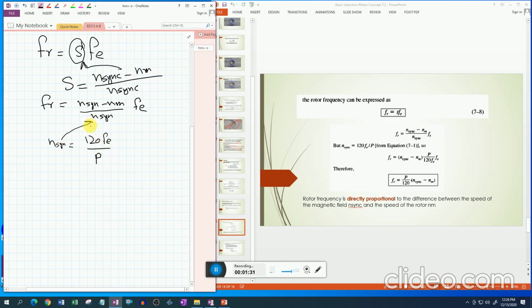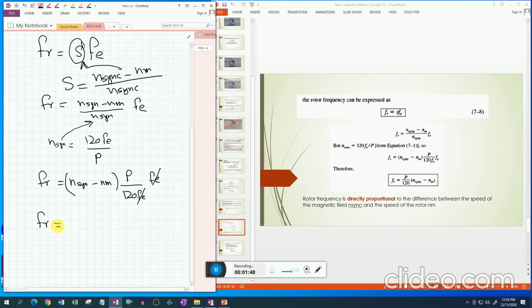Putting this value here, fr will become (n synchronous minus nm) times p divided by (120 fe), times fe.